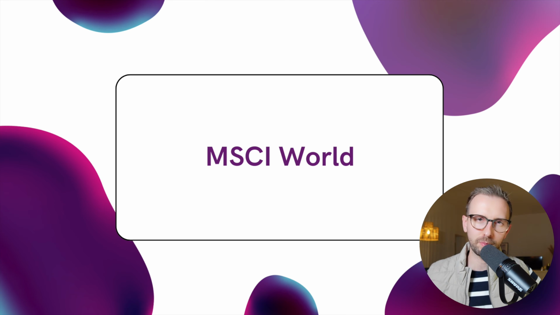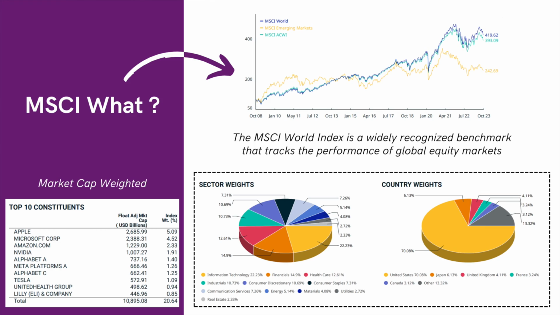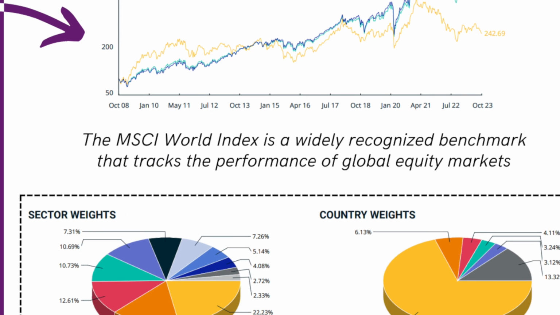I'm sure many of my viewers will have heard of this index. As I just said, it's a widely popular, broad market passive investing instrument. And basically for many investment funds all around the world, it serves as a benchmark that the performance of the fund after fees is then compared to. Obviously, many US-based funds will use the S&P 500 as a benchmark, but I know that many investment funds outside of the US in particular will use the MSCI World Index as a reference point.